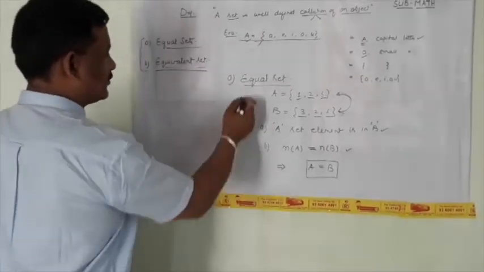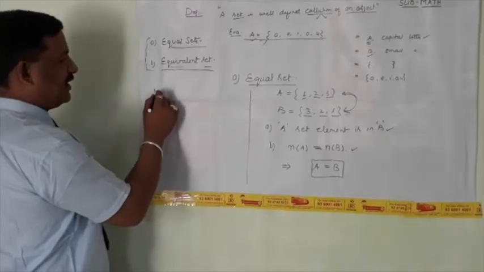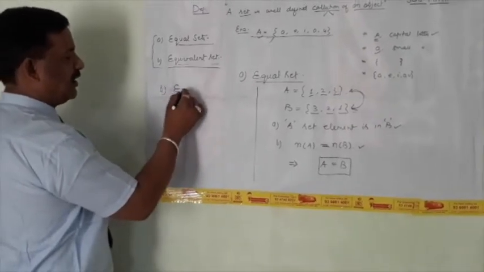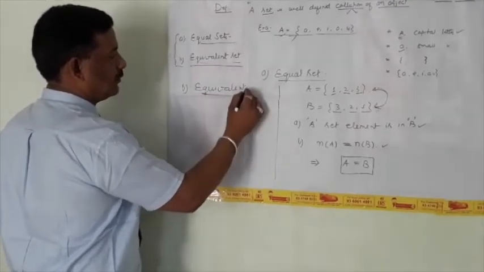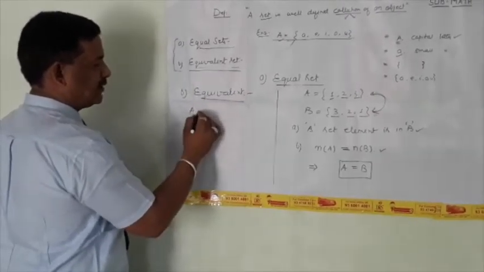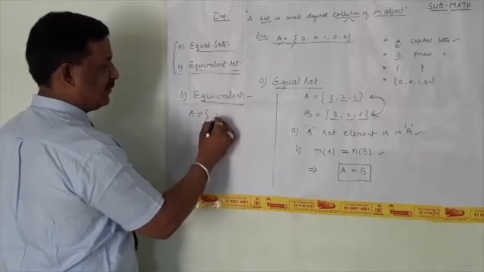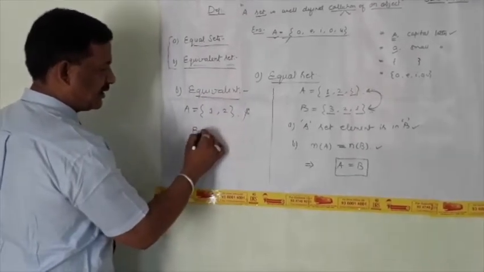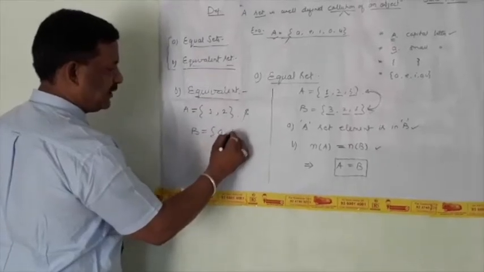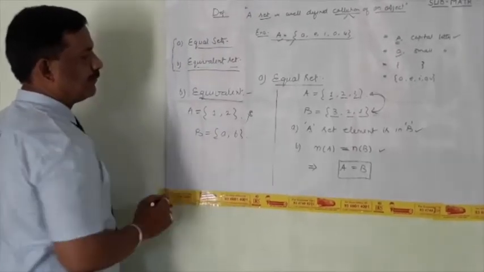Here we have discussed this. Now move on to another type of set, which is called an equivalent set. For this, consider one example: set A with 1, 2 and another set B with elements a, b.